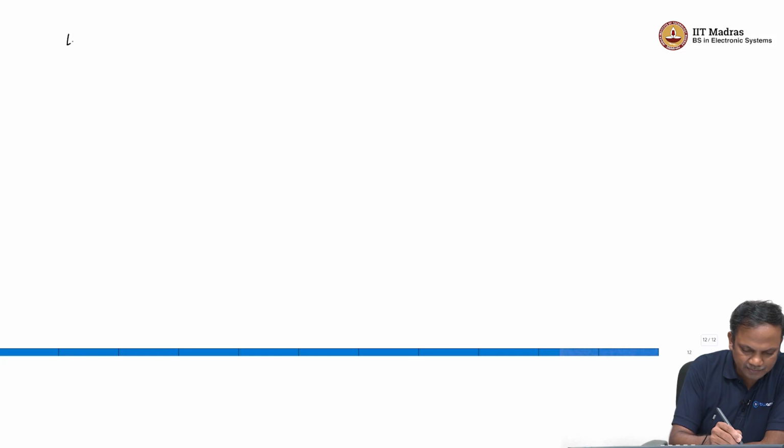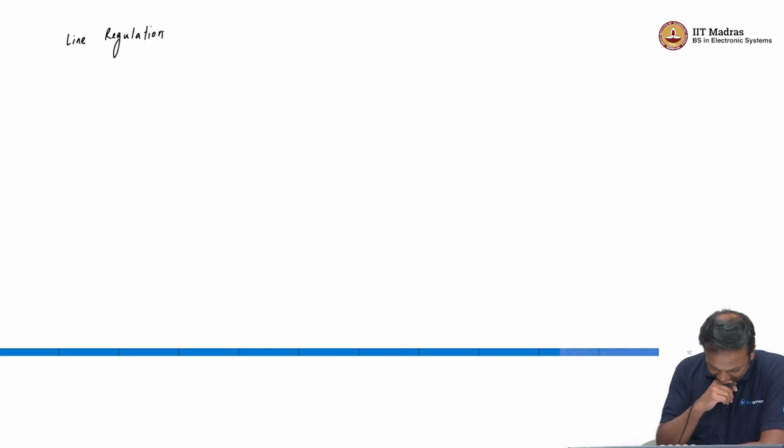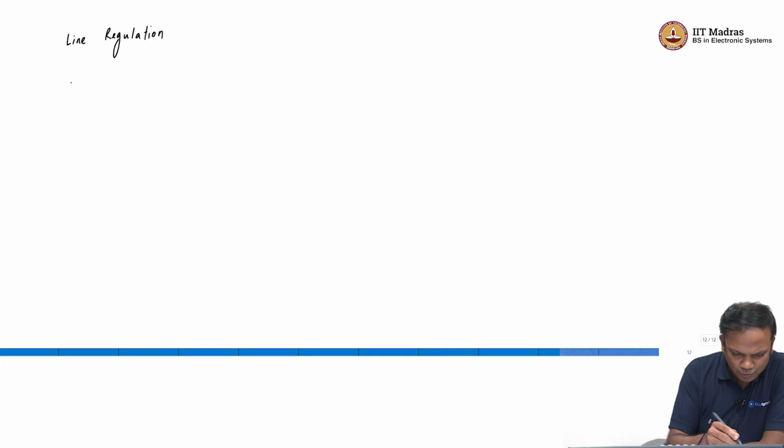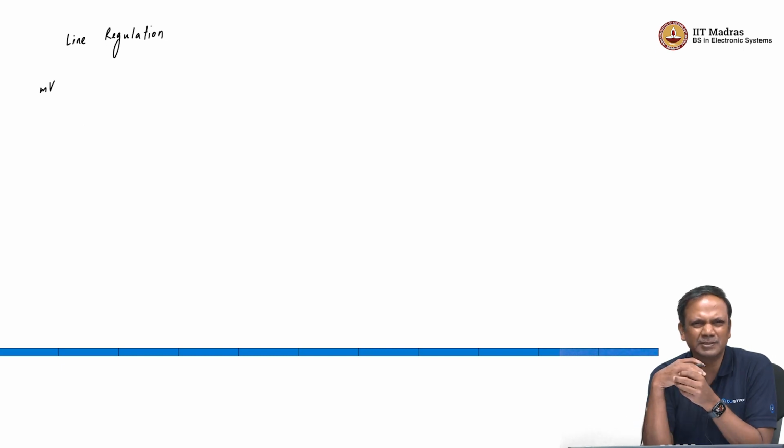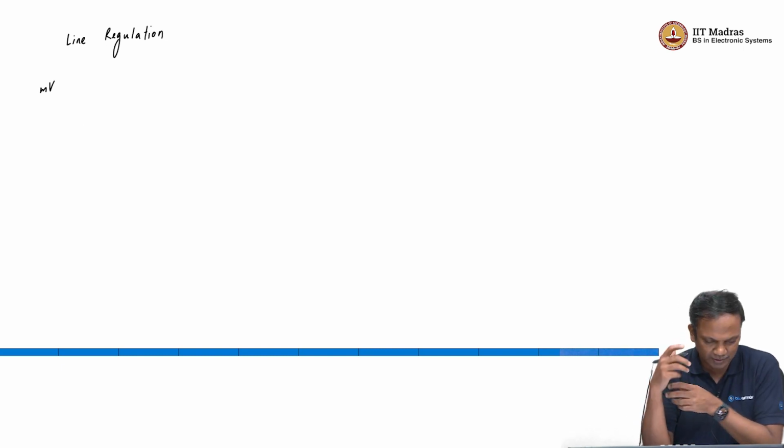Line regulation. Line regulation is usually measured in millivolt, and people sometimes also quote it in millivolt per volt.